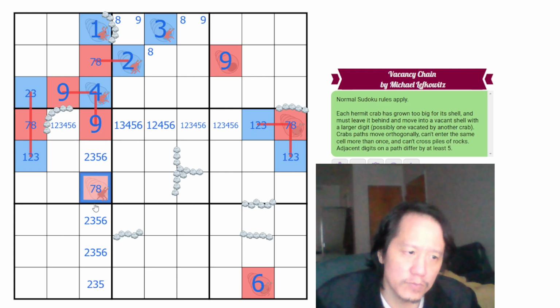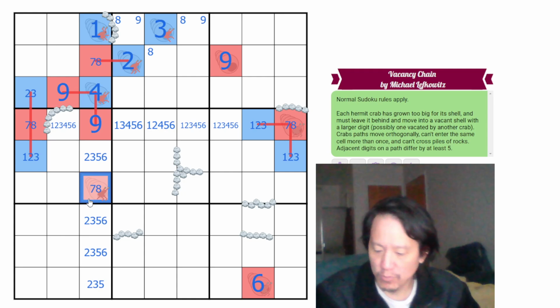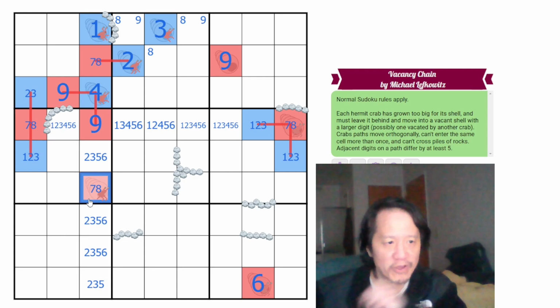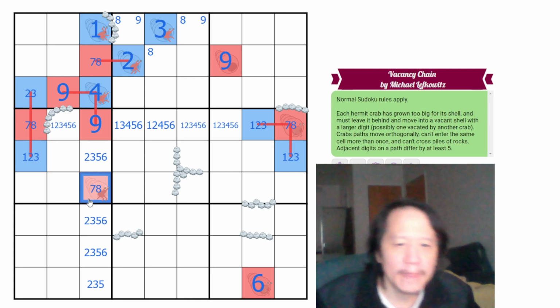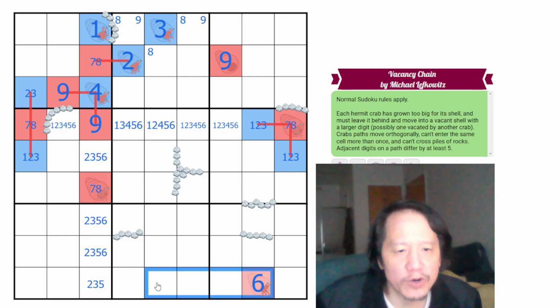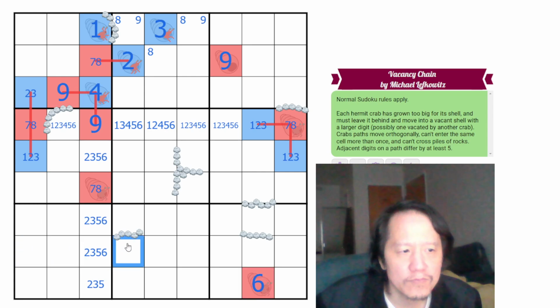Interesting. So this must go somewhere through here. This would be low, high, low.